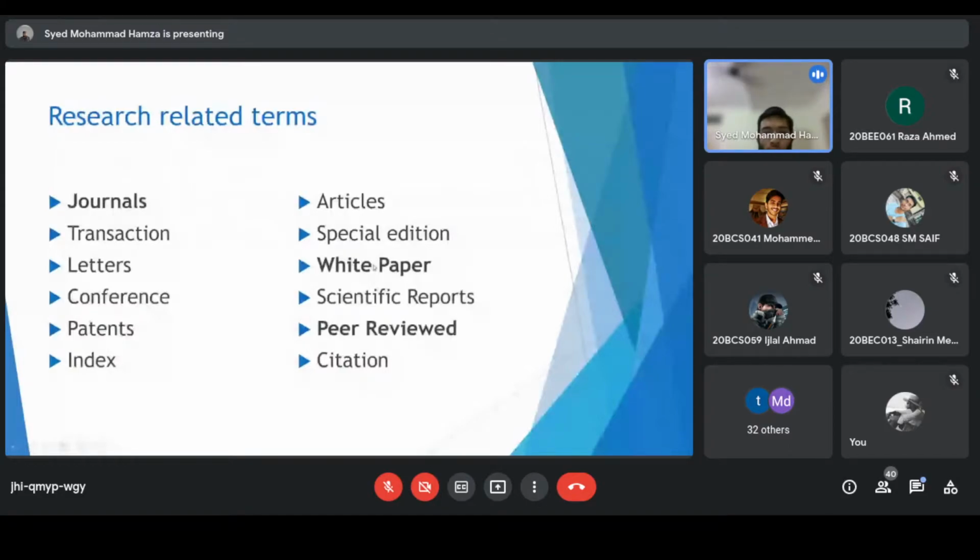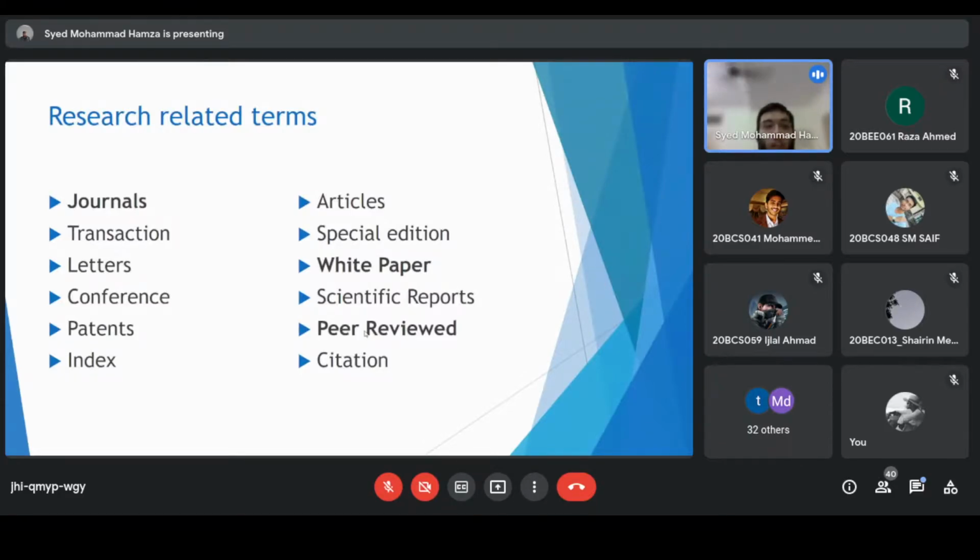You need to understand that there is a thing called peer review. Peer review is a standard thing. For now, you understand this. Later on, I'll explain what peer review means and what other things are. There is a hierarchy among these things, like journals, transactions, letters, and conferences. In a later section, we will discuss what the hierarchy is and how it works.